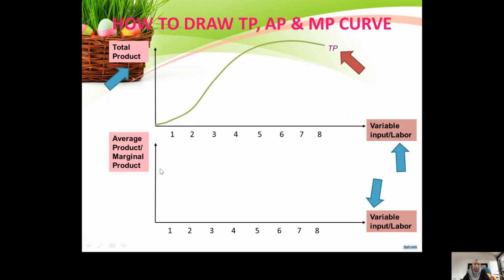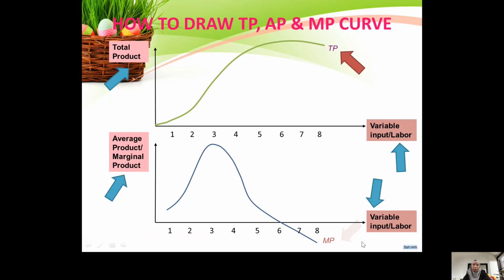Then after that, whether you like to draw the AP curve first or the MP curve first, it doesn't matter. In my example here, I draw the curve for MP first. MP will get the negative value, because remember from the table we get the negative value, -2, so definitely the line will reach the negative value, right?